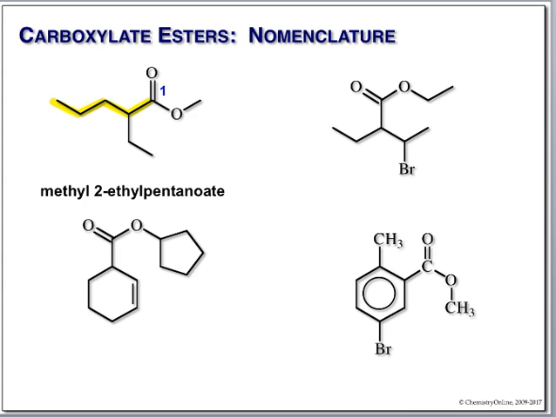Here our alcohol is ethanol, so ethyl will be our first word. It's going to be 1, 2, 3, 4, so it's a butanoate, ethyl butanoate with a 3-bromo and a 2-ethyl. Ethyl 3-bromo-2-ethyl butanoate.